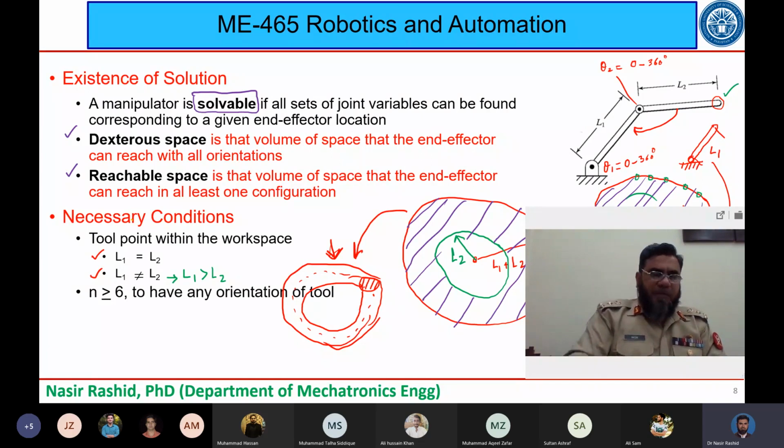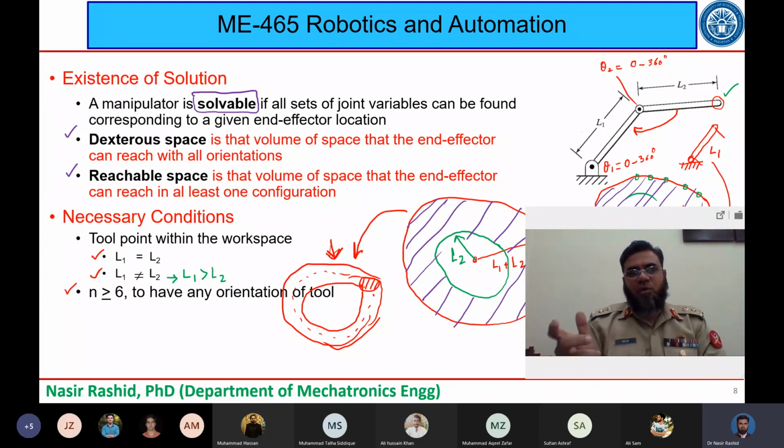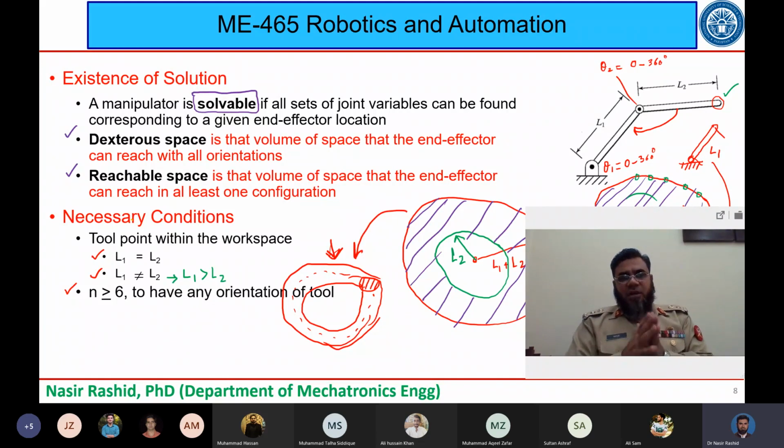So if we have degrees of freedom n 6 or more than 6, तो हम टूल को किसी भी ओरिएंटेशन में अपनी वर्क स्पेस में पहुंचा सकते हैं. ये ध्यान में रखिएगा कि if we have the degrees of freedom 6 or more than 6. अच्छा, लेकिन ये डिपेंड करेगा. ये मैं बिल्कुल एक आइडियल कंडीशन की बात कर रहा हूं जिसमें तमाम जॉइंट्स पे रोटेशन जो है वो 360 डिग्री है. ये मैं उस कंडीशन की बात कर रहा हूं that a robot having 6 degree of freedom can have orientation, any orientation of the tool.